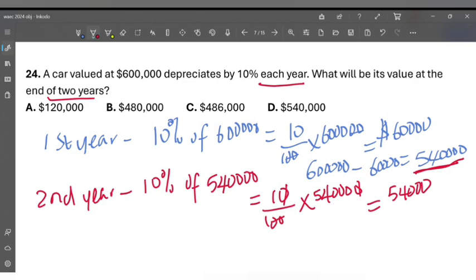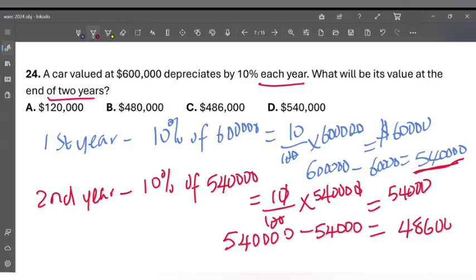So for you to know the new value, you are going to minus it. So $540,000 minus the $54,000, which stands for the 10% depreciation. When you subtract this in your calculator, you are going to have $486,000. So at the end of 2 years, the car has depreciated in value from $600,000 to $486,000.